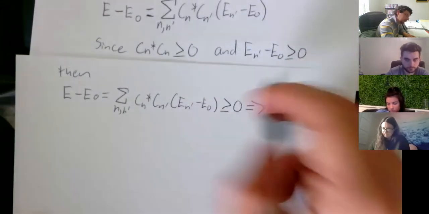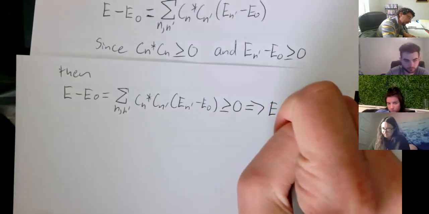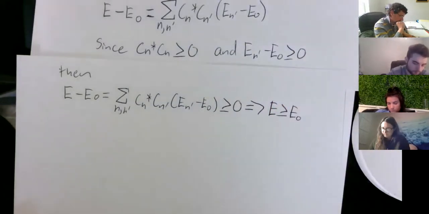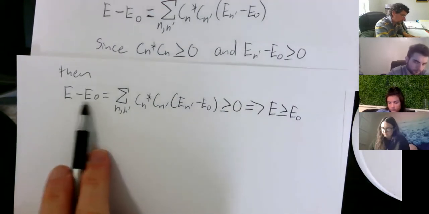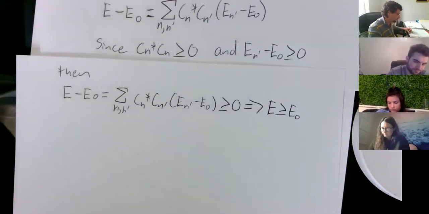And what we can also do is manipulate this around and show that E must be greater than or equal to E naught, right? Because we can take this term and shuffle that around.